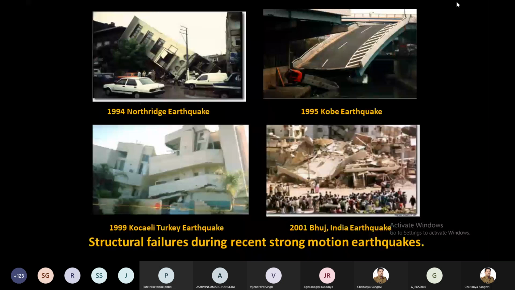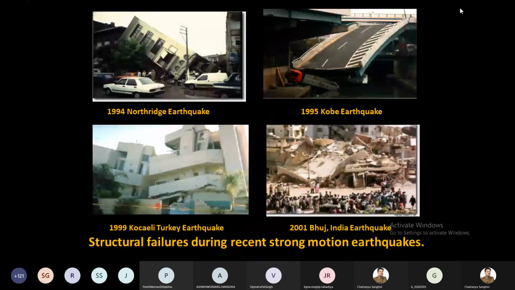So the whole world stopped their nuclear programs and started rethinking their nuclear policy. After 6 months or a year, they came up with new policies, and I think that makes a lot of difference. So the Japan earthquake was a great earthquake, and it is known for the triple disaster.